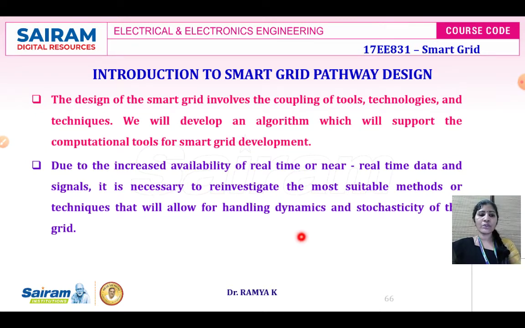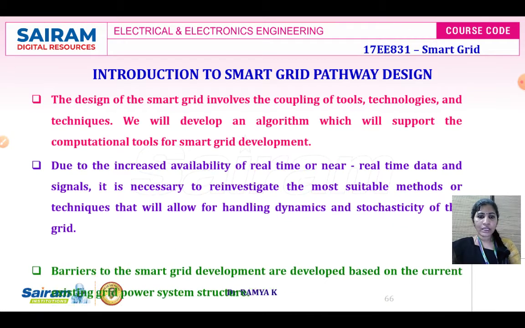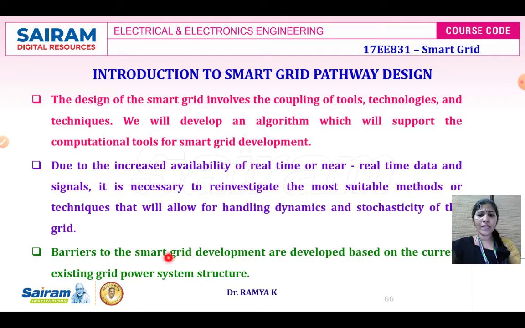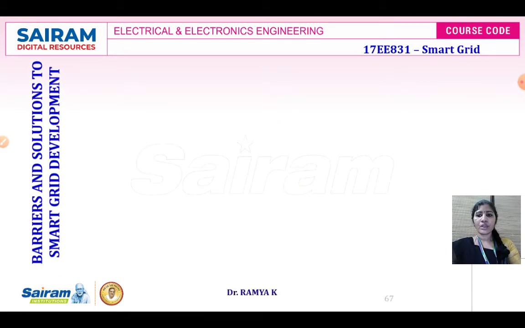So we have to select the technique in such a way that it will handle the dynamics and stochasticity of the connected grid. Barriers to the smart grid development are developed based on the current and existing power system structure. So barriers of the smart grid will be developed based on your current and existing grid power system structure.